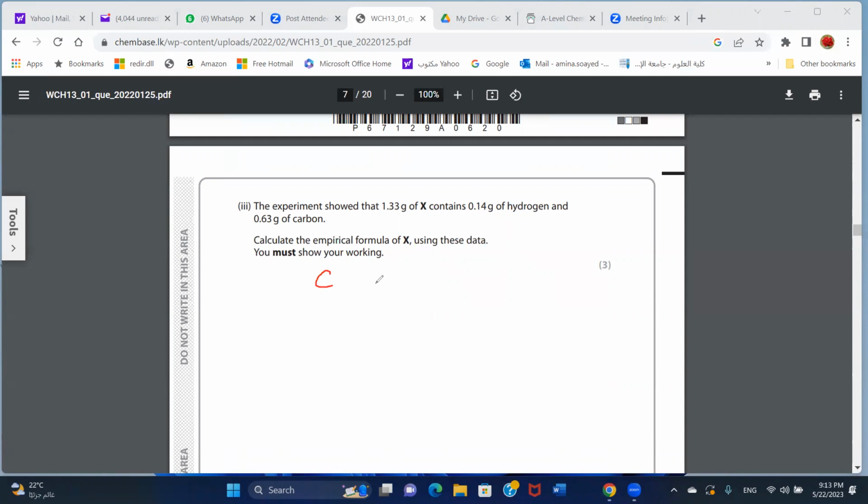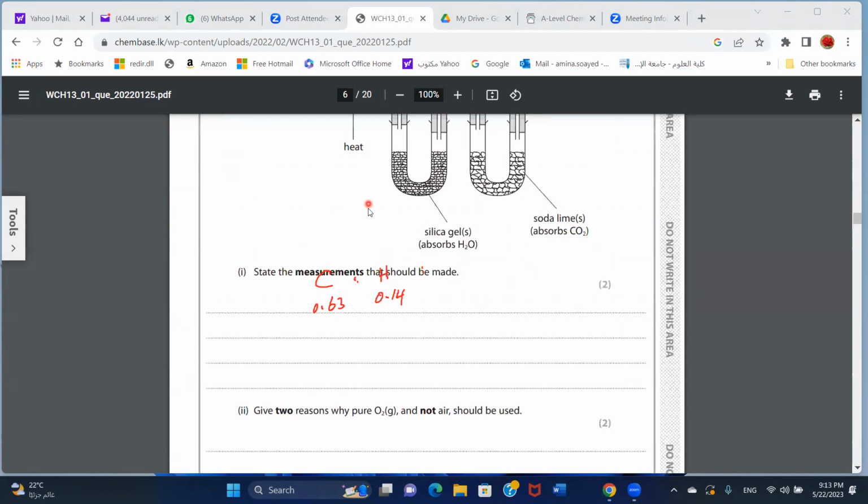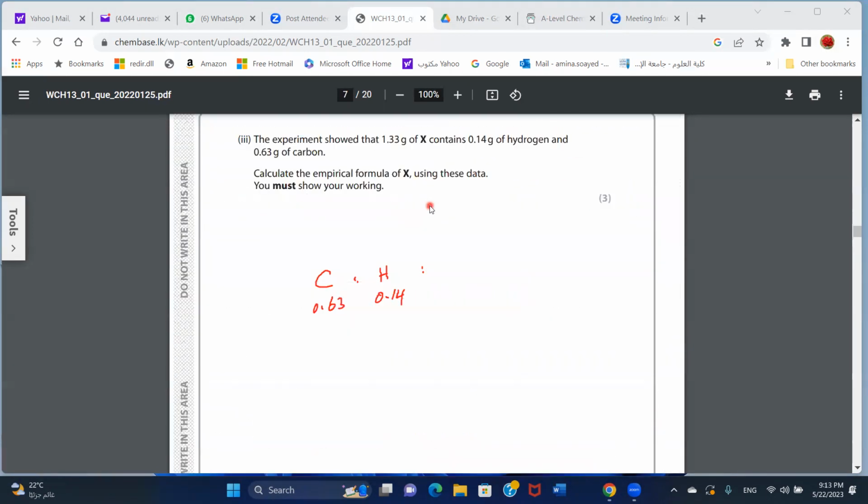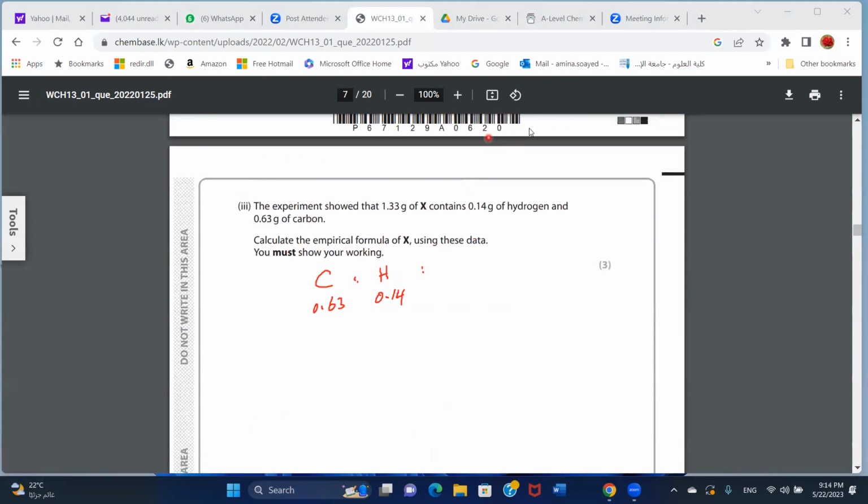Under the carbon you write 0.63, and under the hydrogen you write 0.14. And then you write the molar mass. But we still have oxygen in X, isn't it? At the beginning, they said that X contains carbon, hydrogen, and oxygen. Yes, oxygen is 0.56 grams. Did you calculate it, Yani?